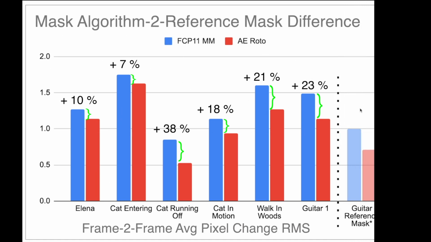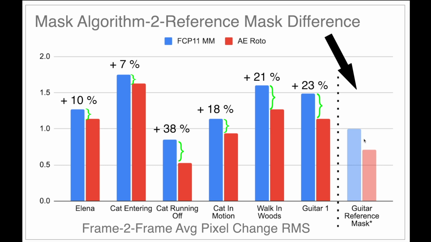And then likewise with the reference mask, and here I've just normalized because the reference mask calculation isn't the same as when we were looking at frame-to-frame differences in one mask. So with the reference mask calculation, we also see that Final Cut Pro's magnetic mask was differing from the reference mask by around 25%. So that's a pretty big difference, especially considering that this particular reference clip of me playing the guitar, there wasn't an extreme amount of movement, but still in that case, quite a bit of deviation from the actual reference mask.